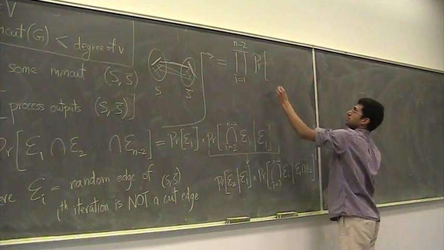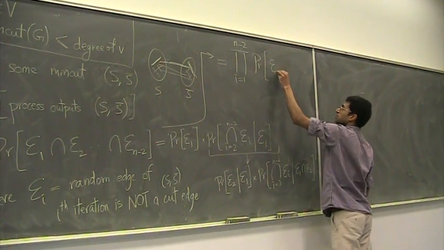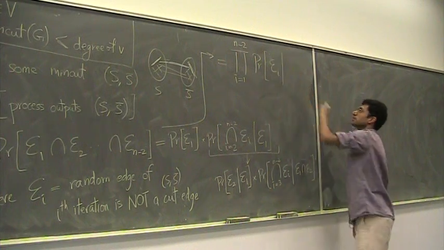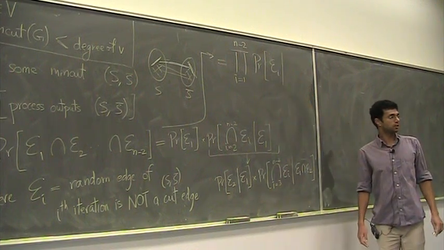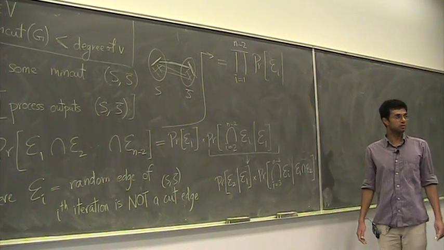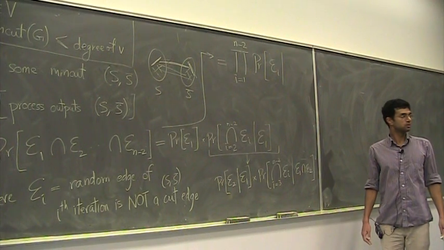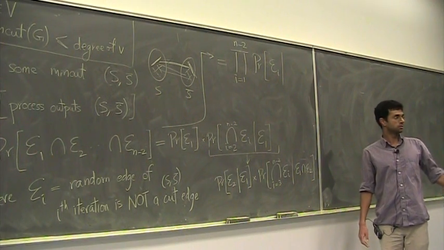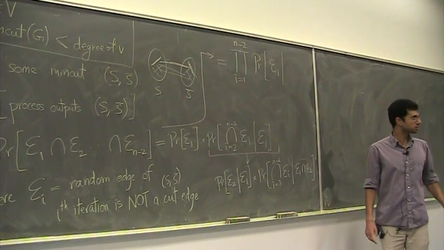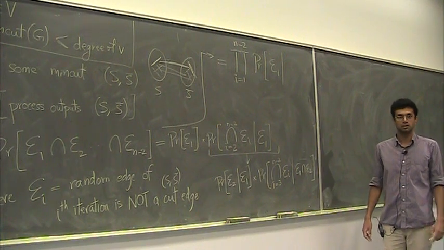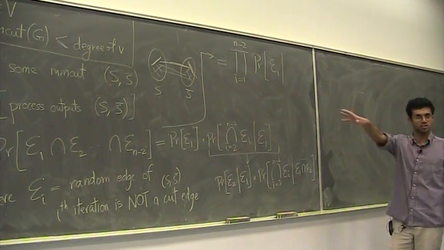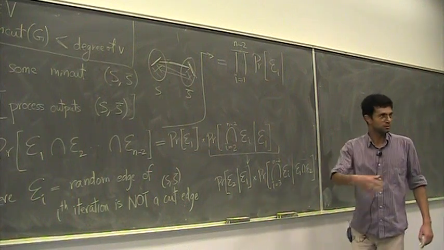I'll even start: it's the probability of the ith event conditioned on... so you have the answer. Does anyone else? Once you write the first 3 or 4, then you start seeing that there's a pattern.